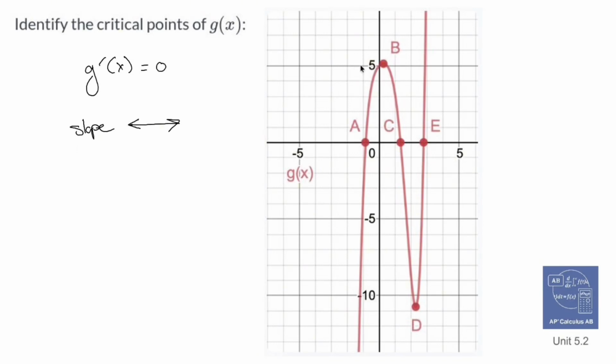So that happens here at B. B has an instantaneous rate of change that is a flat line, and down here at D, you get the same exact thing. Now, critical points indicate where a graph goes from increasing to decreasing. So it would make sense that a local maximum or a local minimum would give us our critical points, and that's what B and D give us in this case. So those are my critical points right there.